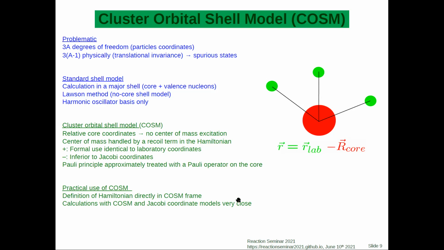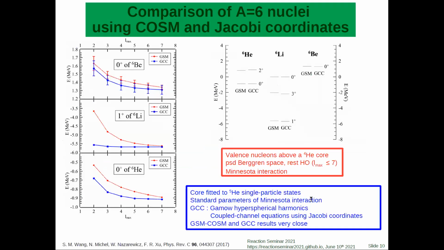Nevertheless, if we consider the three-body problem, we will show that the cluster orbital shell model and Jacobi coordinate models, exact models, are very close. It has been done here for the case of A=6 nuclei. We took a core of helium-4 and two valence nucleons, and their ground state has been calculated using either the cluster orbital shell model or the Jacobi coordinate model, the standard three-body model.